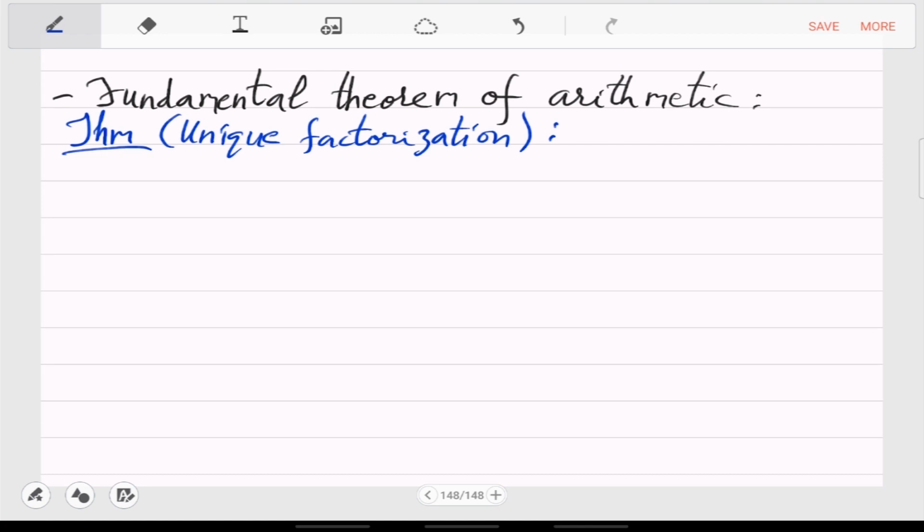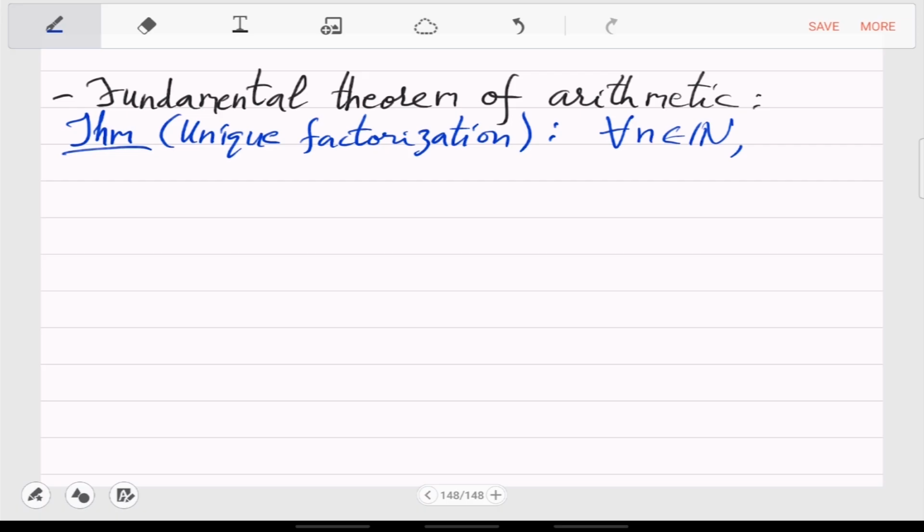So what does this theorem say about factorization of integers? For all numbers n, what can you say about the factorization into prime numbers?